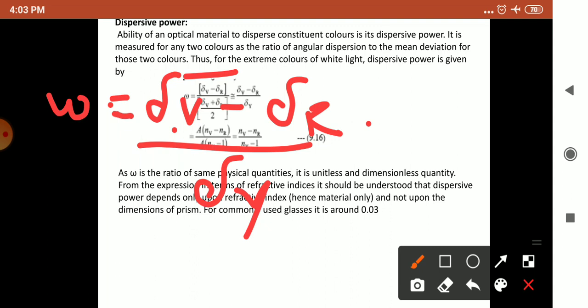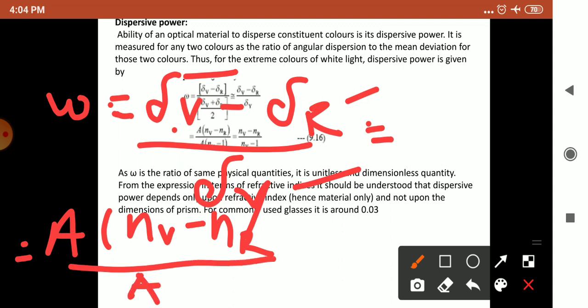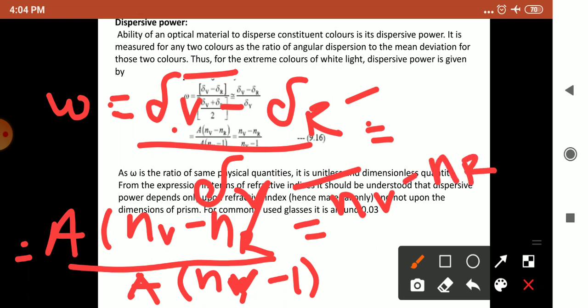where delta V is the angle of deviation of violet color, delta R is for red color, and delta Y is for yellow color. So in short, this is equal to A into NV minus NR, the refractive indices for violet and red, upon A into NY minus 1, where NY is the refractive index for yellow, which is now equal to NV minus NR upon NY minus 1.